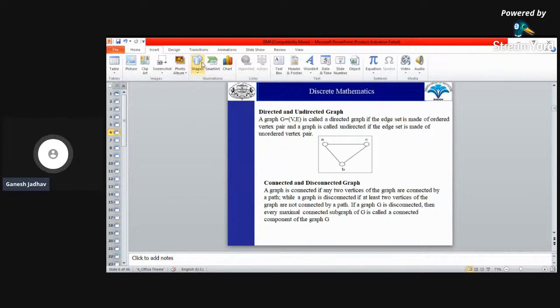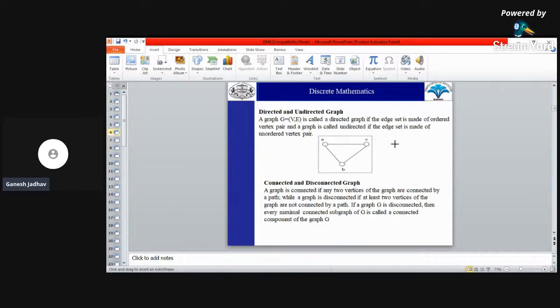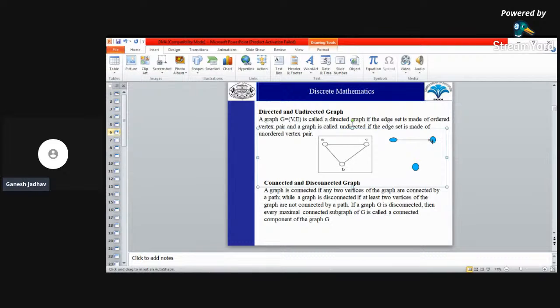Let's draw a directed graph. This is one node or vertex, this is another vertex, and you give them names A, B, C, whatever. These are the nodes, and these lines have directions. You see the arrows now, so this is a directed graph.